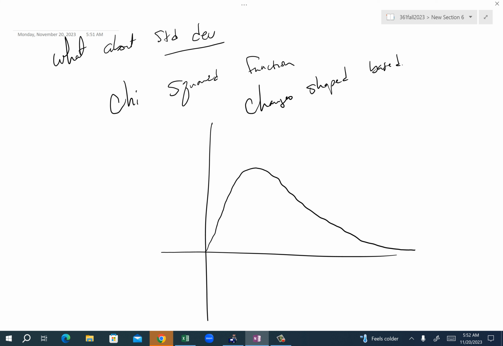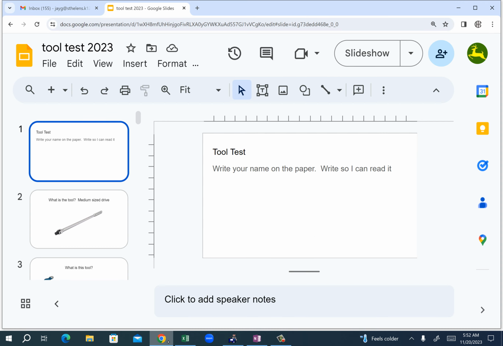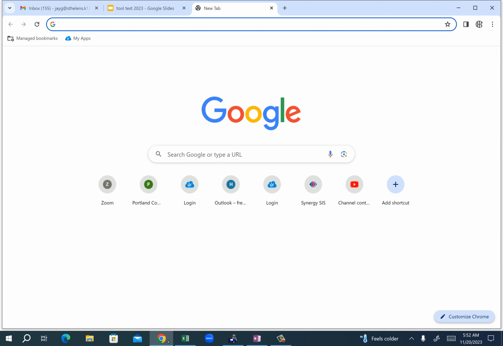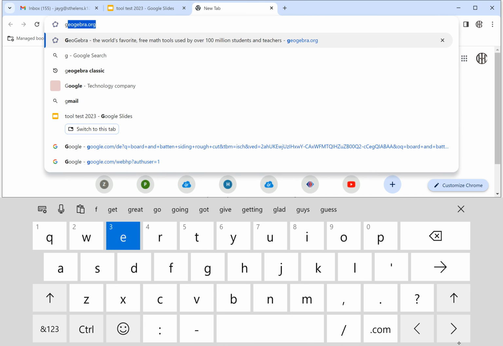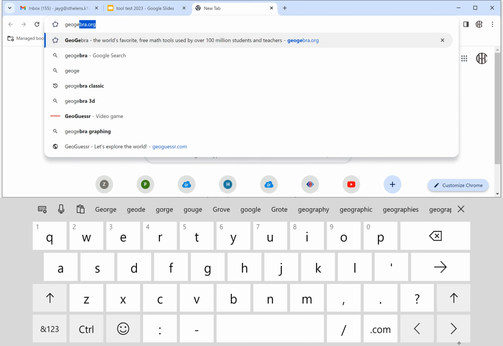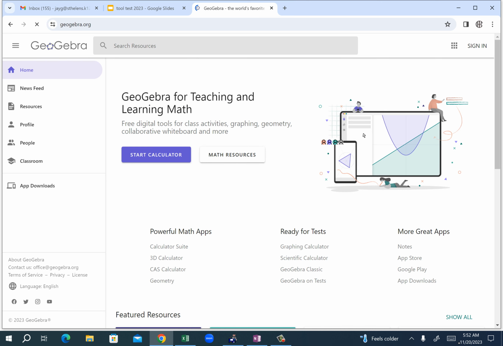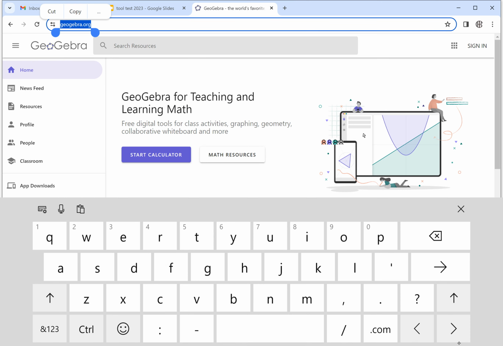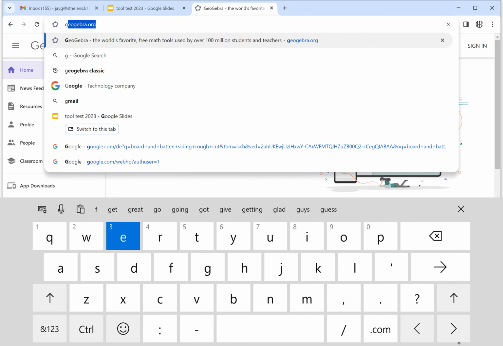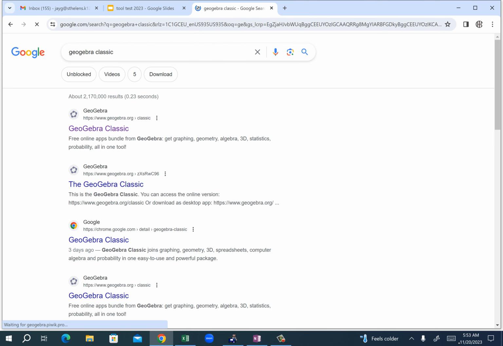Just like the t-distribution we talked about, that is based on the sample size. Now, can I give you a couple of examples? Sure. Let's try this one here. So if you go to GeoGebra Classic, that's what I wanted.